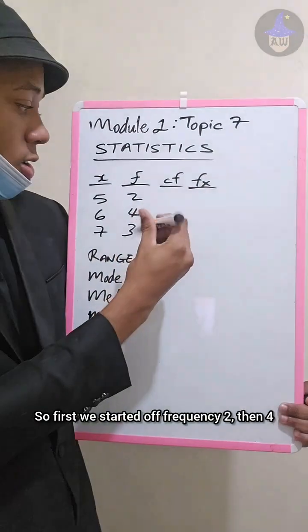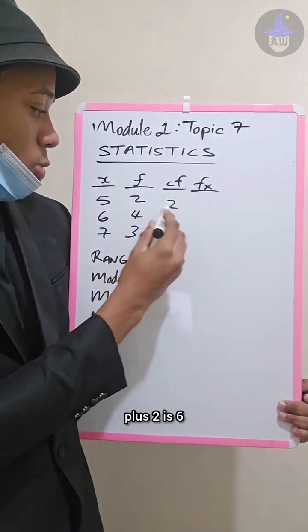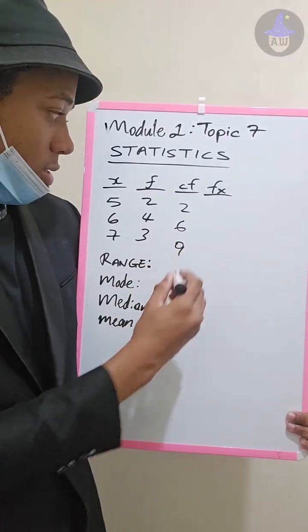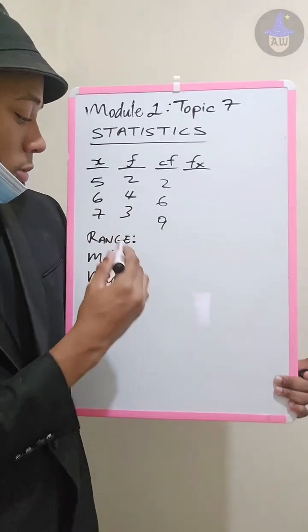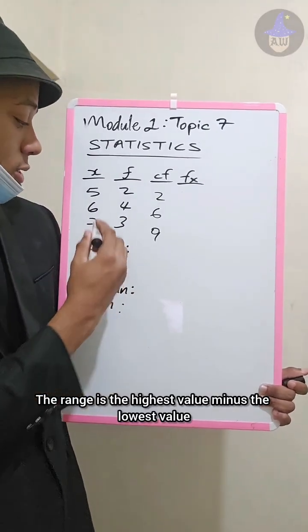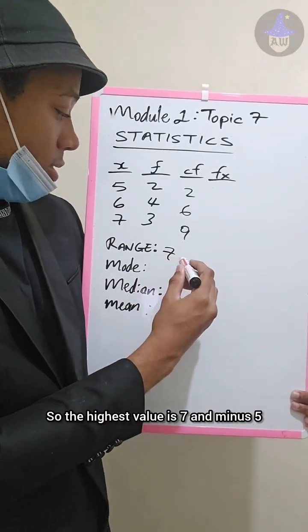So first we started off frequency 2, then 4 plus 2 is 6, 3 plus 6, 9. 9 frequencies, 9 occurrences of the values. Now the range is the highest value minus the lowest value. So the highest value is 7 and minus 5.